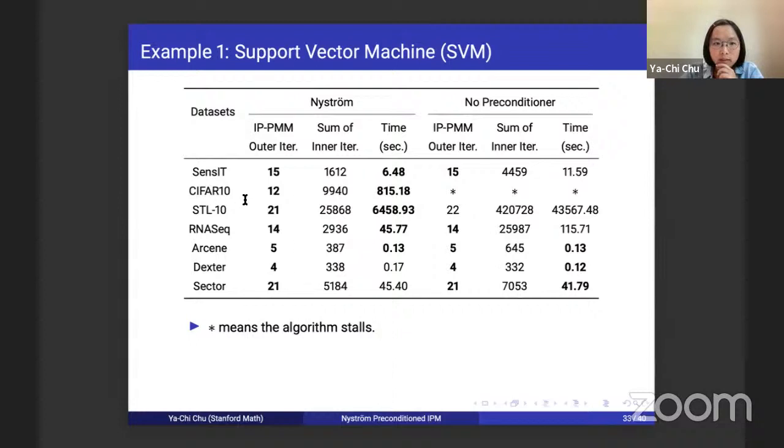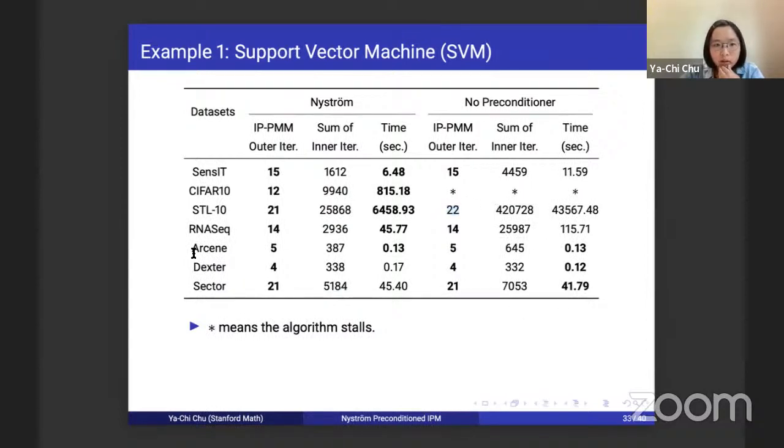For STL10, which I think is the largest data set in our task, no preconditioner requires one more outer iteration, while the Nystrom preconditioner takes one iteration less. In terms of time, the Nystrom preconditioner gives us a huge improvement, because for most of them the time is cut by more than a factor of one half.